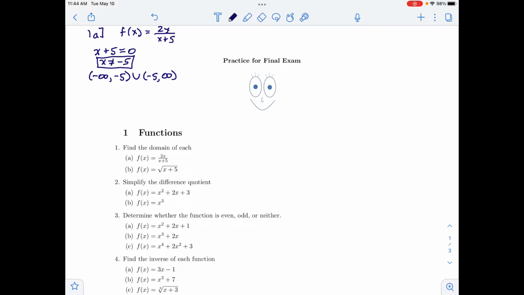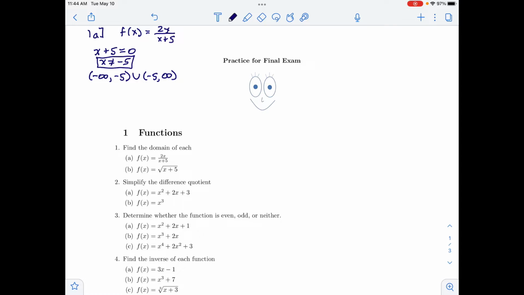Now, our next concern is that we never try to take the even root of a negative number. In other words, I don't want to find myself plugging into the function and getting the square root of a negative 2 or something like that.